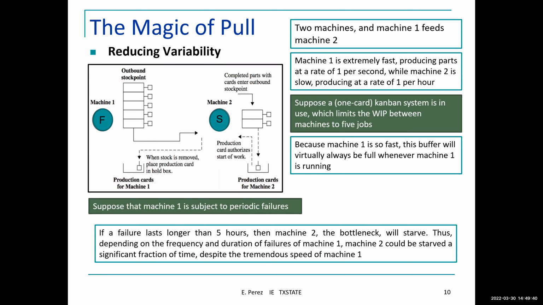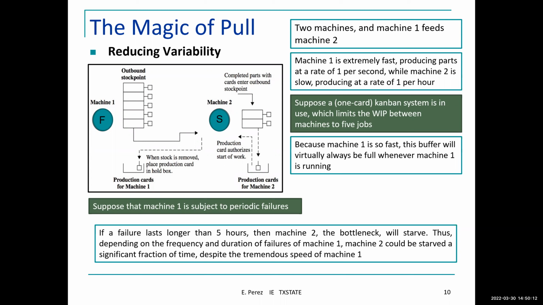So even though machine 1 is really fast, if you have these periodic failures, and they last longer than 5 hours, then machine 2 will starve. Thus, depending on the frequency and duration of the failures of machine 1, machine 2 could be starved a significant fraction of the time, despite the tremendous speed of machine 1.